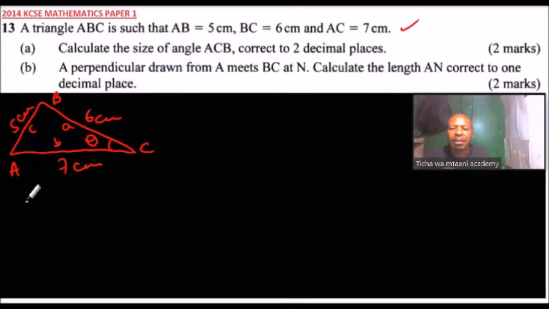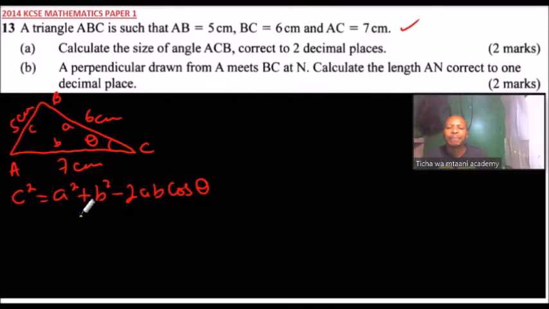So for us to get the side opposite the angle C, we say that c squared is equal to a squared plus b squared minus 2ab cosine of C, which we have said is theta.